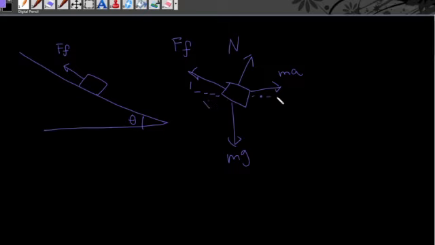Actually, no, this force added with the component of normal force would cancel out the friction, and then the vertical component of the normal force plus the vertical component of the friction cancel out with the gravitational force. So the answer is A.